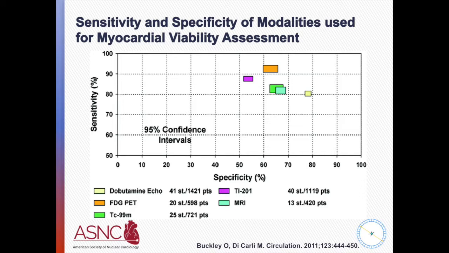Thallium, on the other hand, even if done with redistribution, really just looks at residual uptake, but it can still be affected by very severely reduced myocardial blood flow, even with delayed redistribution imaging. So again, I think of the thallium more analogous to the resting rubidium uptake, and then the FDG adds that additional ability to detect hibernation.